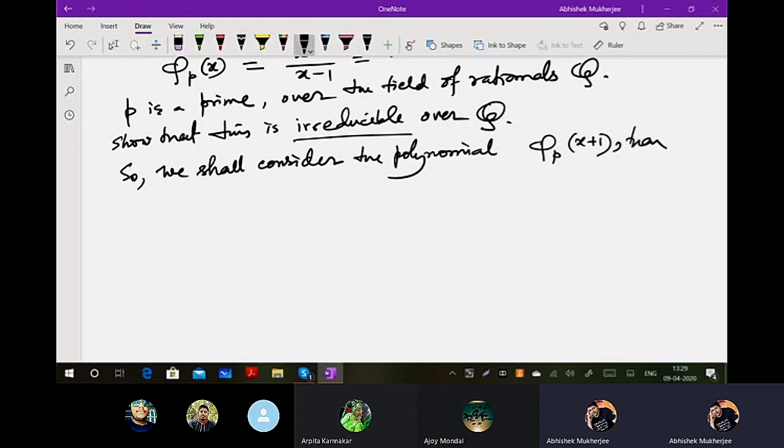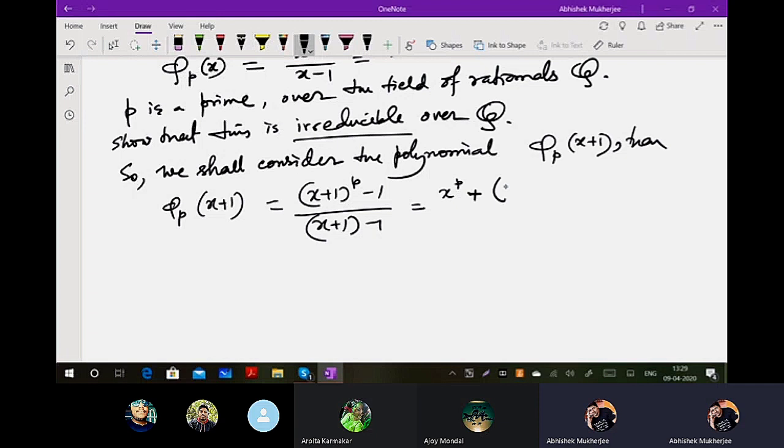If we consider this polynomial, then phi p x plus 1 will be x plus 1 to the power p minus 1 by x plus 1 minus 1. And if we calculate, the numerator is x to the power p plus p C 1 x to the power p minus 1 and so on up to p x, divided by x.